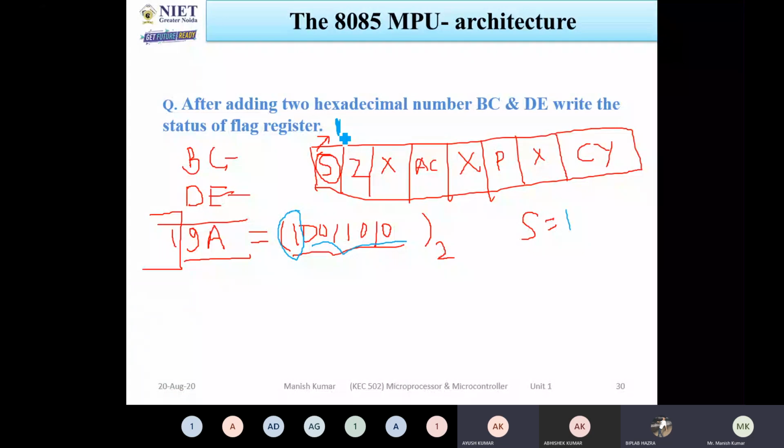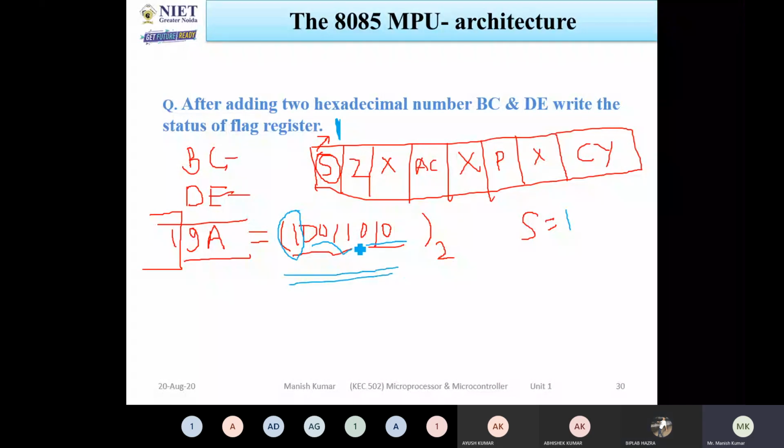If I am talking about an 8-bit signed number, it means your magnitude is only up to 7 bits, not 8 bits. The 8th bit only indicates whether the number is positive or negative. So after addition, I am getting this result, correct?